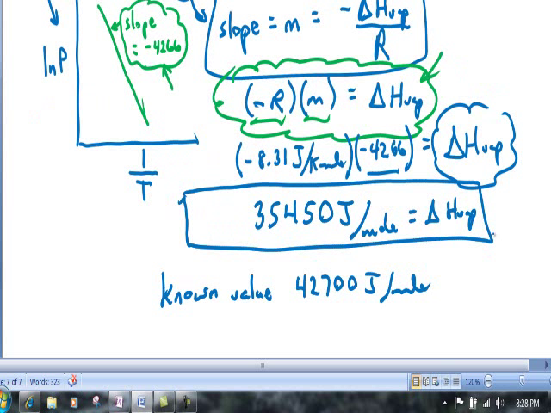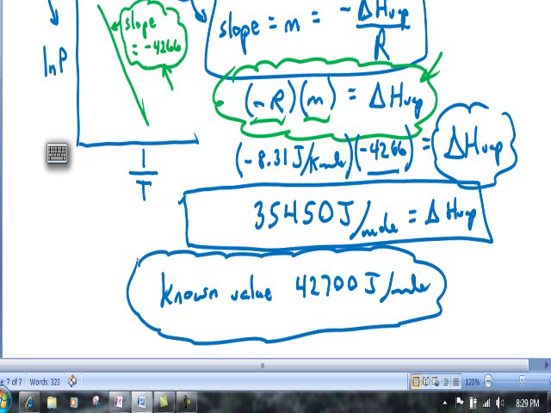This gives us an experimental value collected from our data of 35,450 joules per mole for the heat of vaporization of water. The known value for water is 42,700 joules per mole, which can now be used to do a percent error calculation for the results we got in the lab exercise.